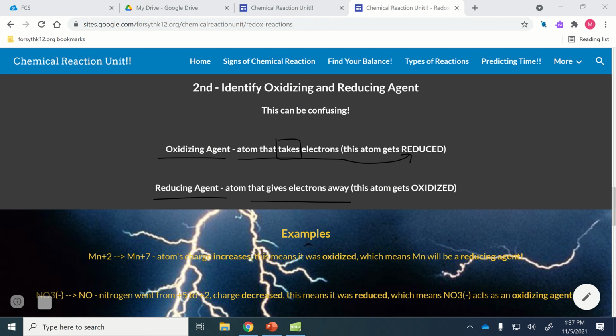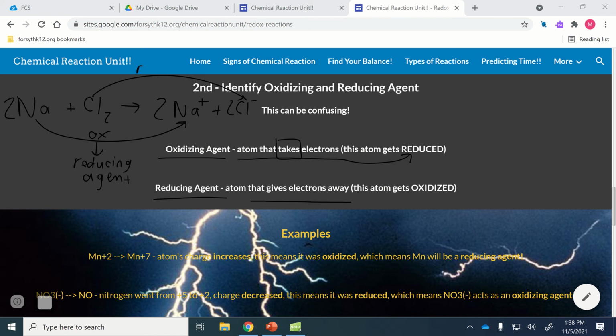This is the atom being oxidized. So if I do that initial reaction where you had Na plus Cl2 produces, and I know this technically is 2, we're going to do it this way, 2Na plus 2Cl minus, okay? What we have here is, again, sodium is getting oxidized. That means sodium must be the reducing agent.